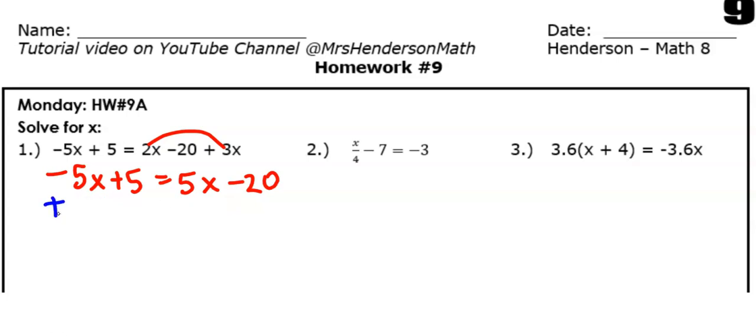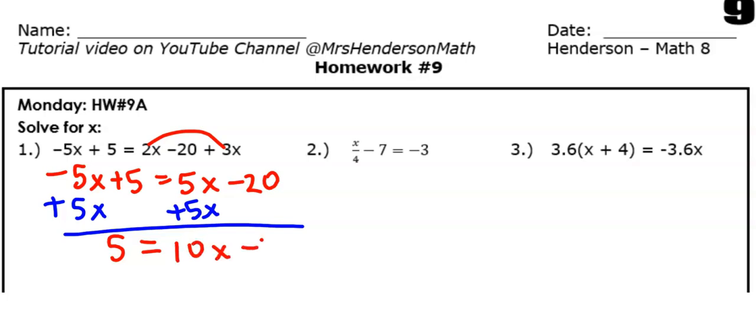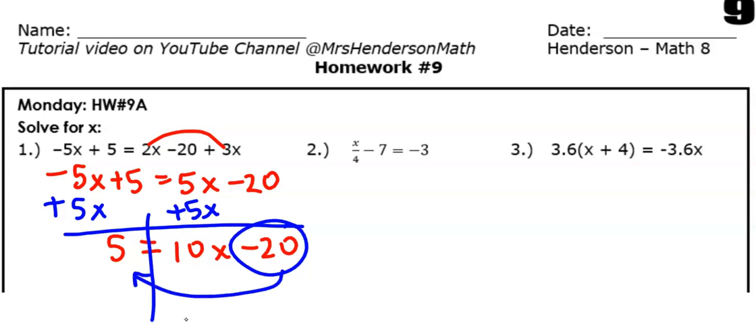I'm going to add 5x on the left and the right, leaving me with 10 x's on the right and no more x's on the left. Because the left side of my sentence only has constants, I want this constant to go over there.